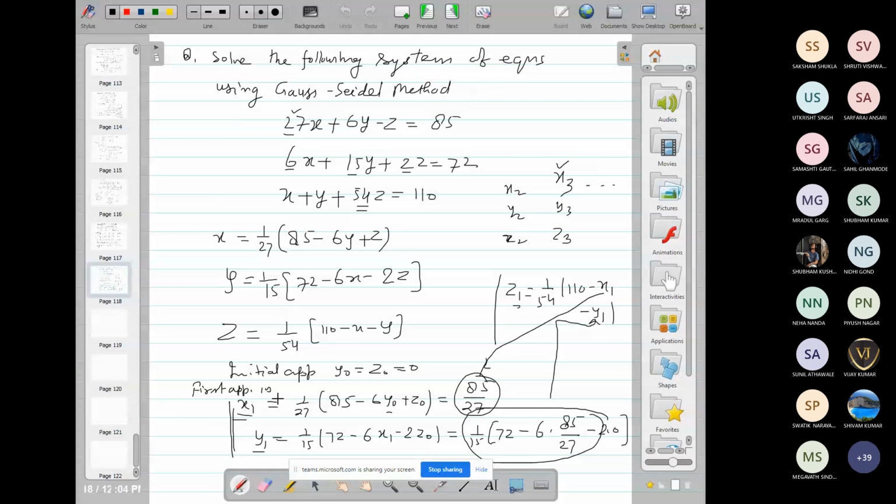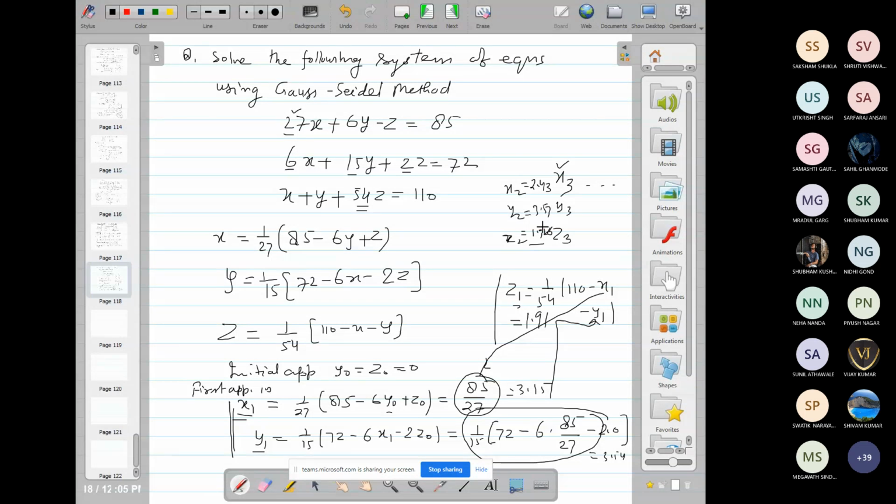Now we are giving the answer to this question, and you solve other questions too. The first approximation is x1 is 3.15, y1 is 3.54, and z1 is 1.91. Then we obtain x2 is 2.43, y2 is 3.57, and z2 is 1.926.